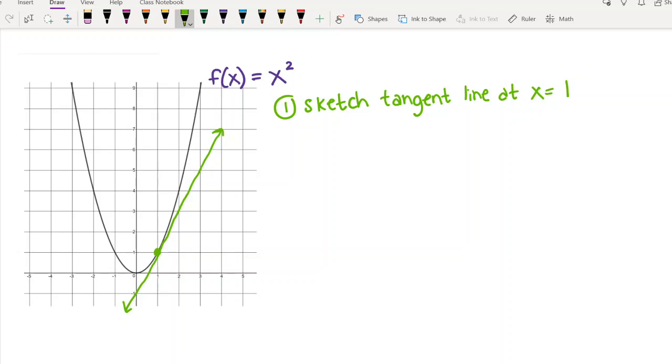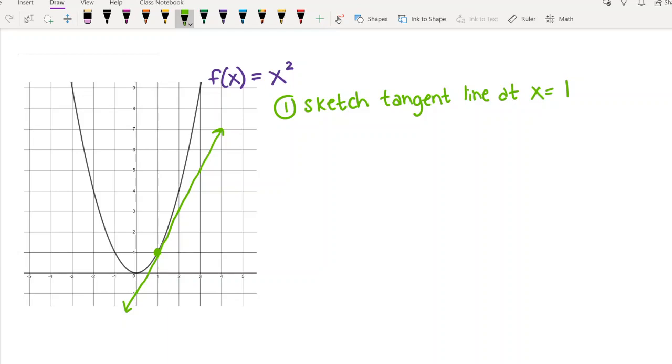When you're drawing a tangent line, you really only know one point that lies on the graph. You only know for sure that it goes through the point that you picked, so we only know that it goes through the point 1, 1. Any other point we think it goes through, we're just guessing based on how we draw it. As we just saw, I had one that looked perfectly fine and then I erased it, and it had a slightly different slope.